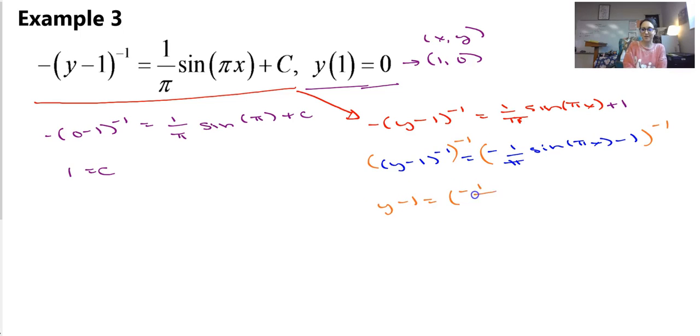Then I have all of this on the right, all of that to the -1, and then all I need to do is add 1 to get y by itself. And you can put the +1 first or after this expression.